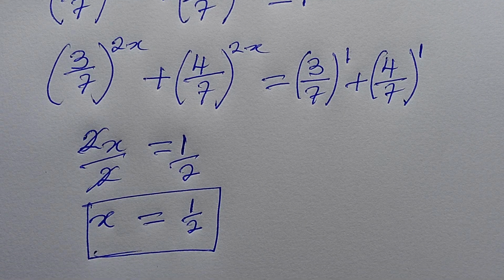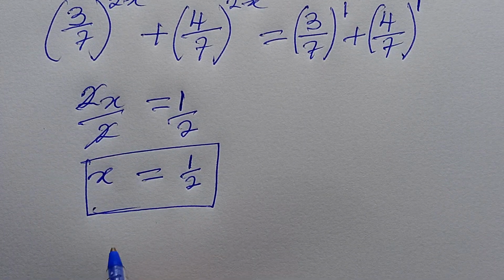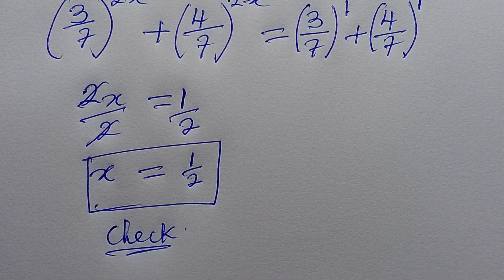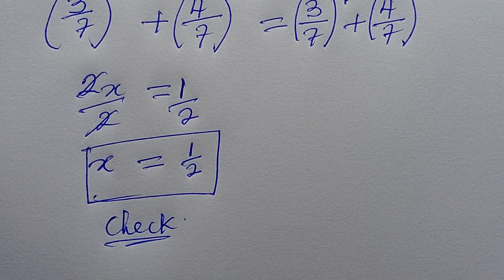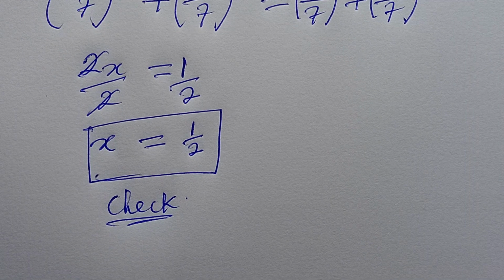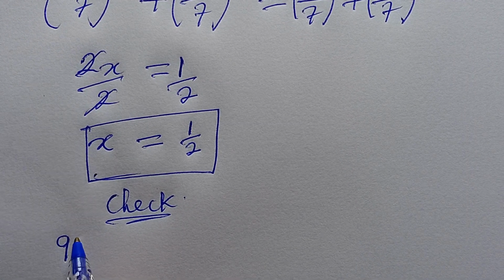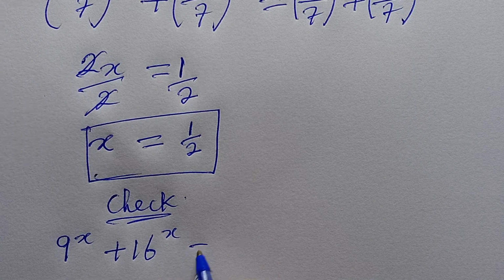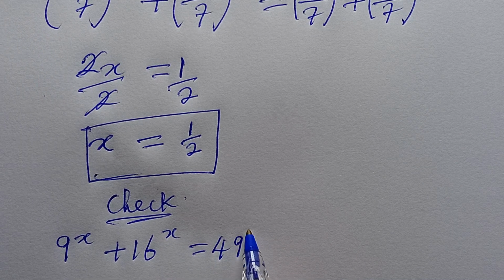So let's take a simple check here. Wherever we see x, we're going to put 1 all over 2 in the original equation. So we have 9 to the power of x plus 16 to the power of x equal to 49 to the power of x.